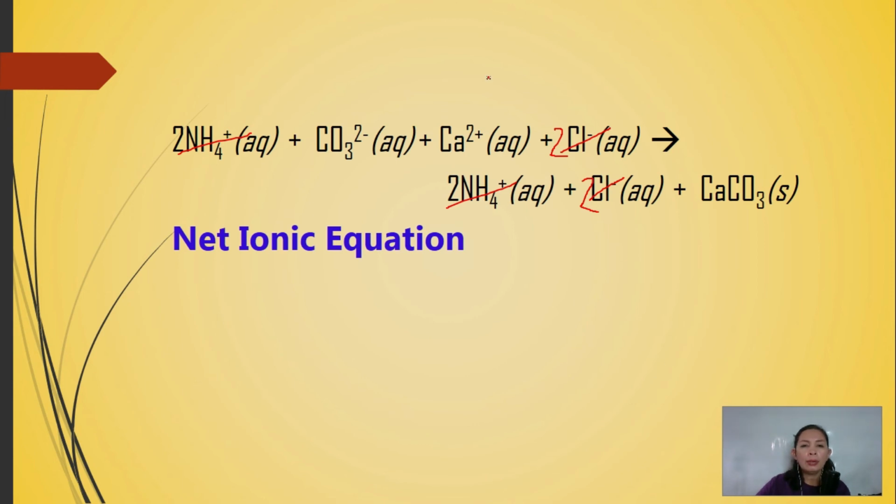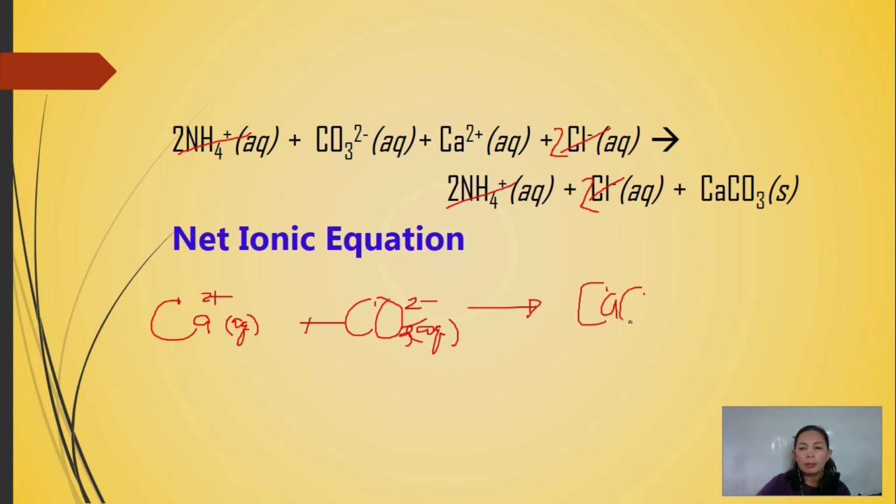The net ionic equation will be, so we will start with the calcium since this is positive. So calcium, positive 2 or 2 plus. This is AQ. Plus the carbonate, CO3 negative 2 or 2 negative, is also AQ, plus equal to the calcium carbonate.